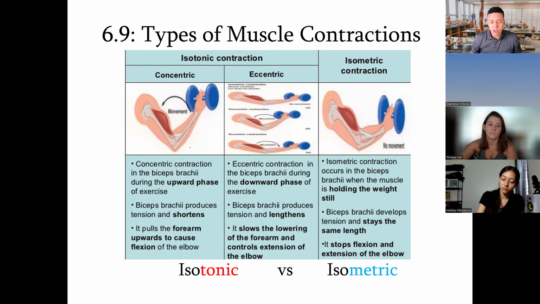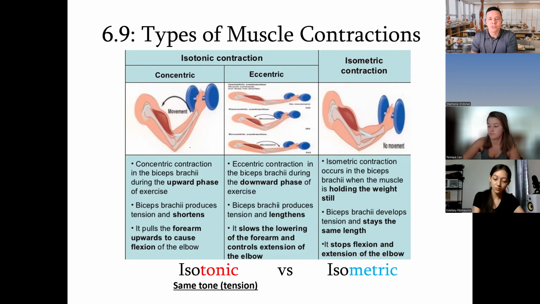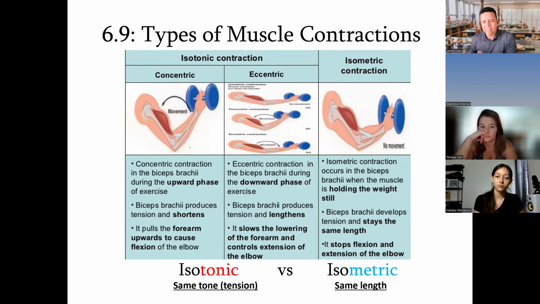Isotonic means we're going to have the same tension in the muscle during the contraction. The tension is not going to change. Now, what about isometric? Well, isometric means we're going to have the same length of the muscle during the contraction. Let's understand the difference between the two.